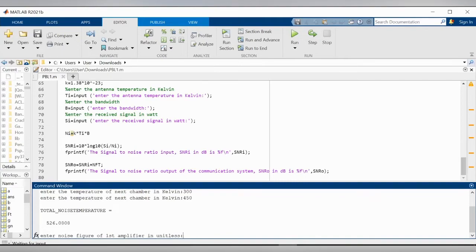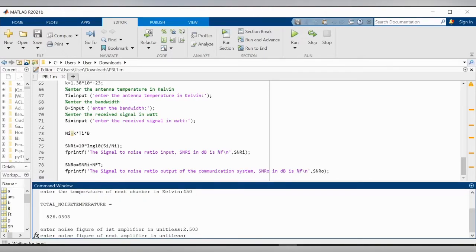From the manual calculation, the noise figure of the first amplifier is 2.503, the second amplifier is 2.754, and the third one is 2.169.